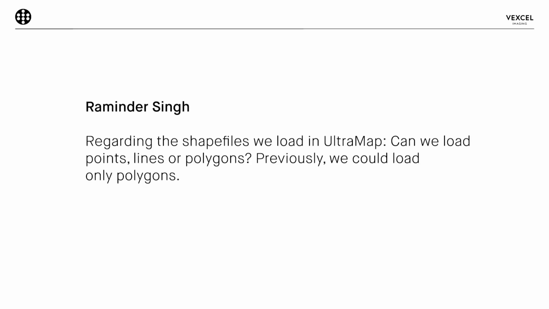So great. Regarding the shape files we load in UltraMap, can we load points, lines, or polygons? Previously, we could load only polygons. Yeah. So right now, the import of polygons is supported because at these steps in the workflow where you import the data, polygons make the most sense to describe the information that is needed.